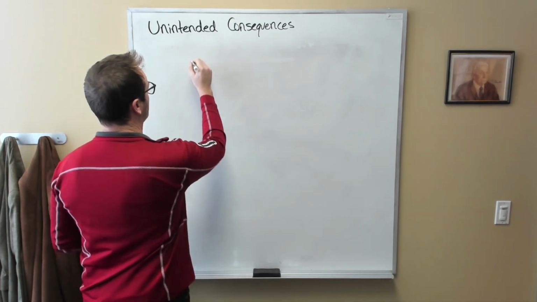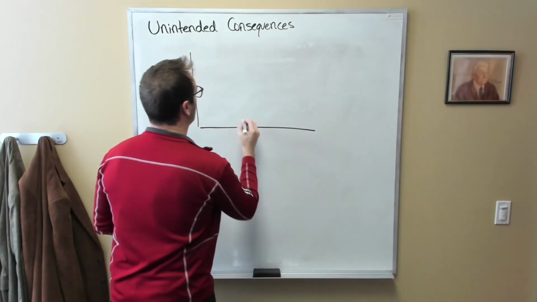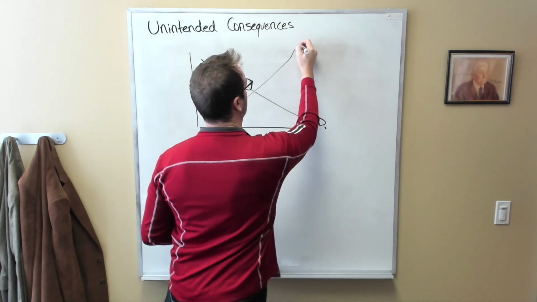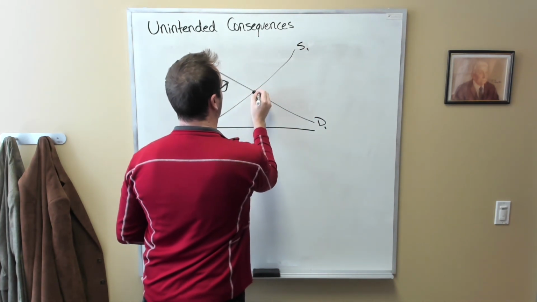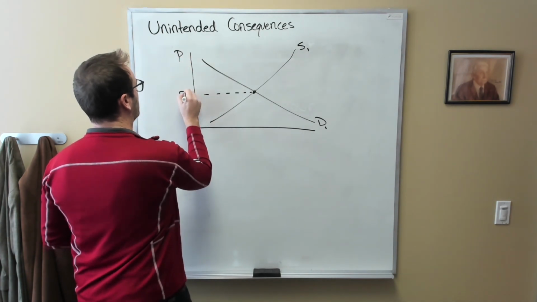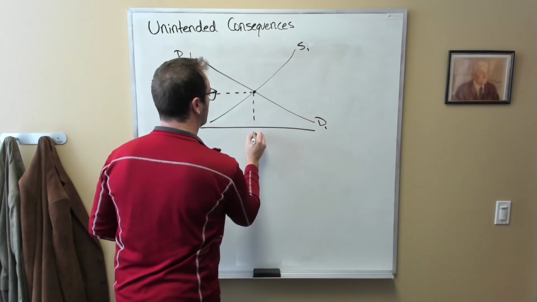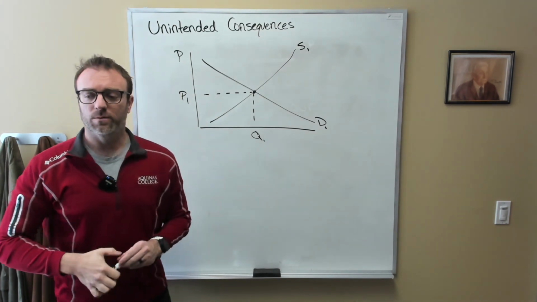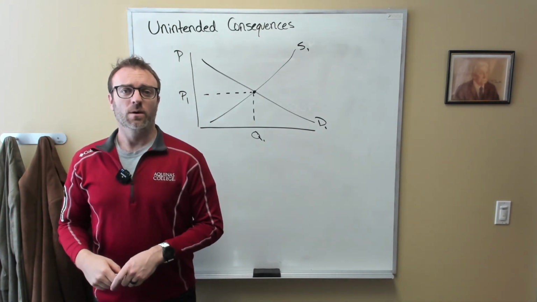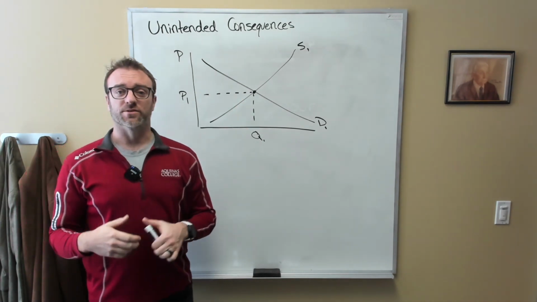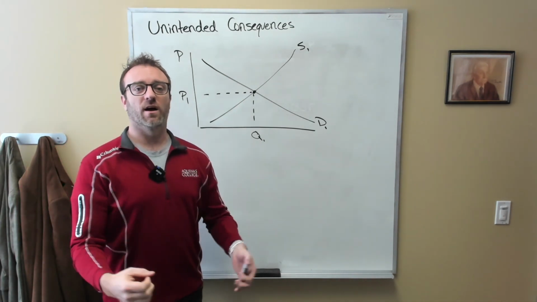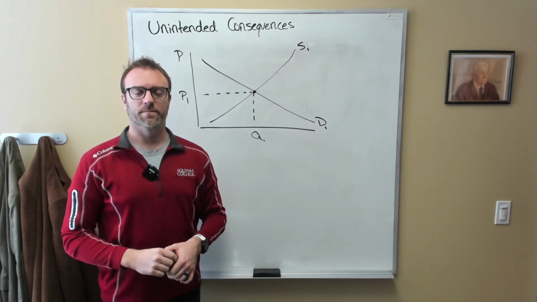So in a previous video, I mentioned that in my personal opinion, the price of healthcare is far too high and the availability of healthcare is far too low. And I mentioned that one way to resolve this problem would be to find a way to increase the supply, to make it easier for medical professionals to provide healthcare to more people.